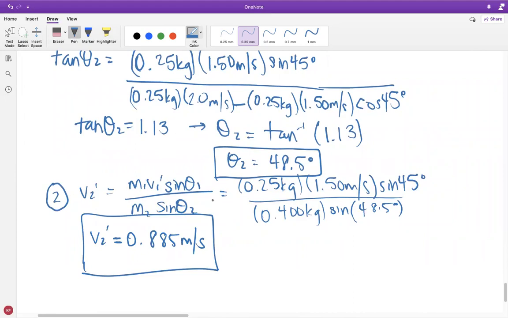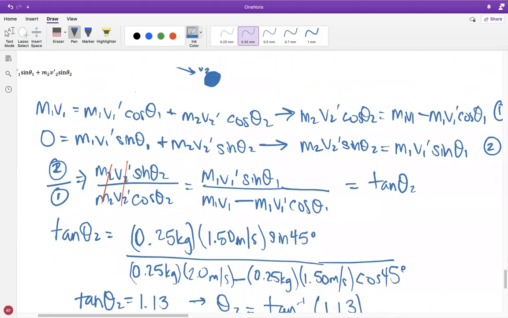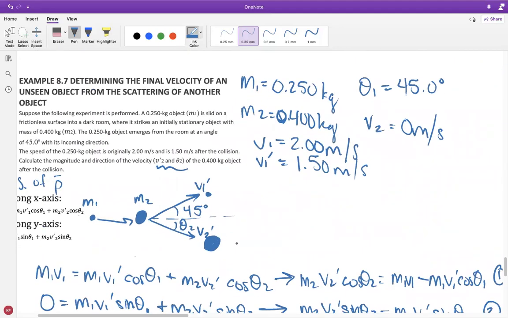Now, does this make sense? That should be the question. We want to make sure that all of our answers make sense. We had an object traveling at 2 meters per second, and once it hit the other object, it lost some speed and went off at some angle.